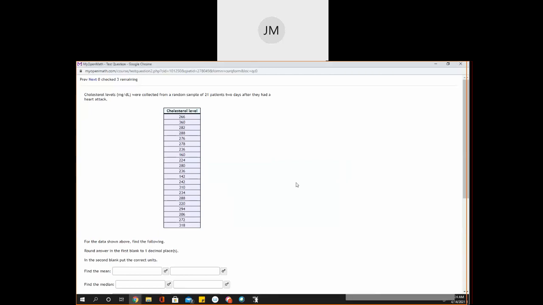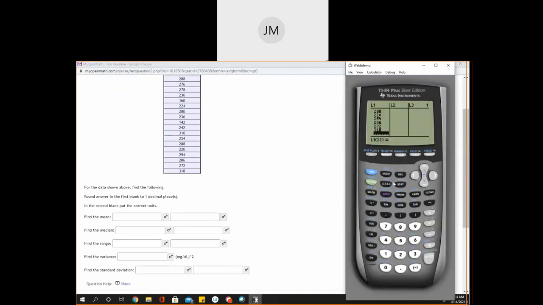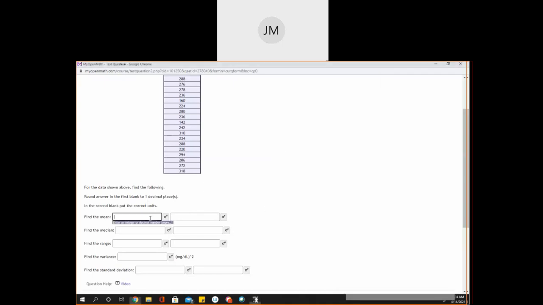And now when I want to find mean and median and standard deviation and so on, I can get a lot of that from my calculator. If I hit stat, calculate one variable statistics, my list is L1. I don't want a frequency list here, so make sure that's blank. And hit calculate. So x bar is my mean, so 257, it says round to 1 decimal place, so 257.7.